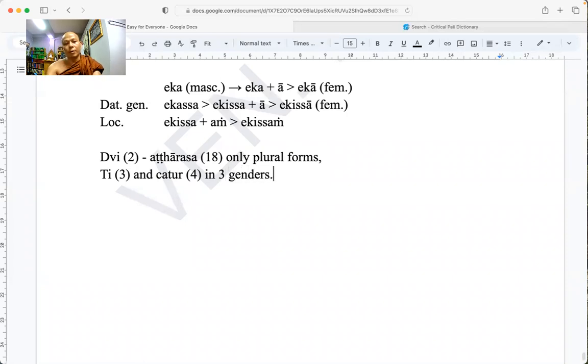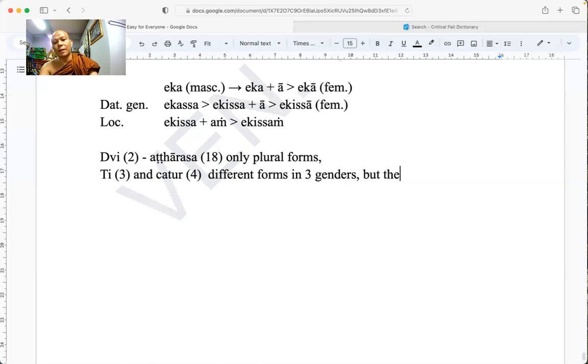Okay, but the rest are three genders. So how to say? In 3 genders.